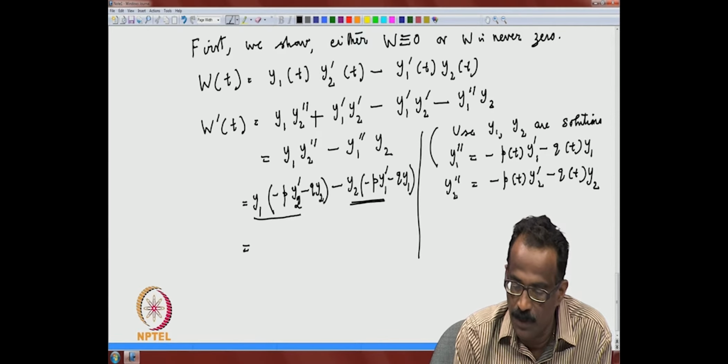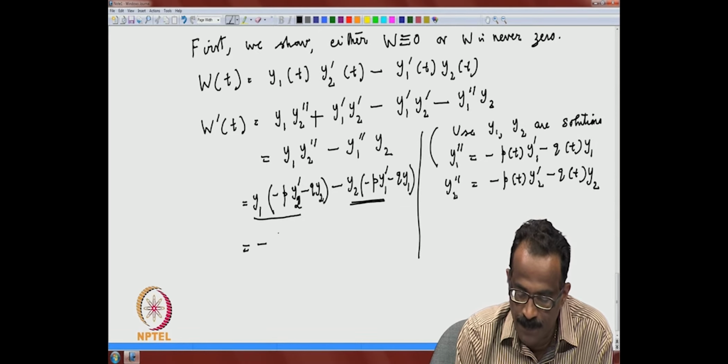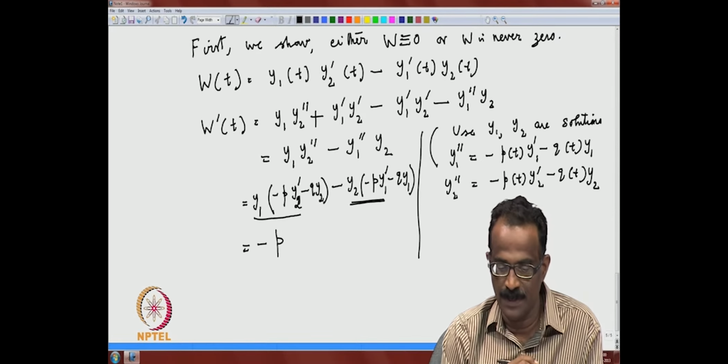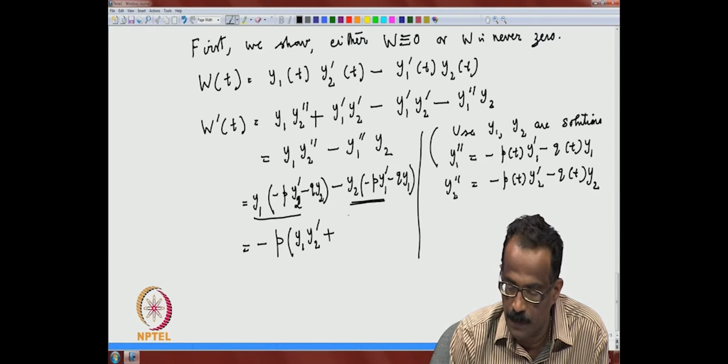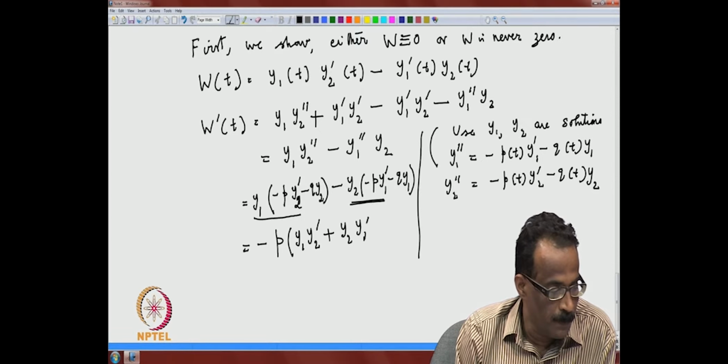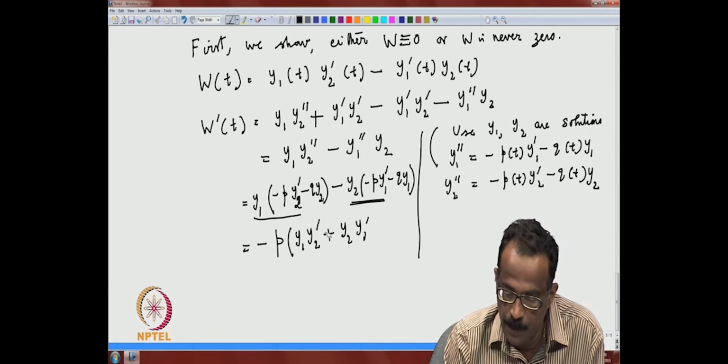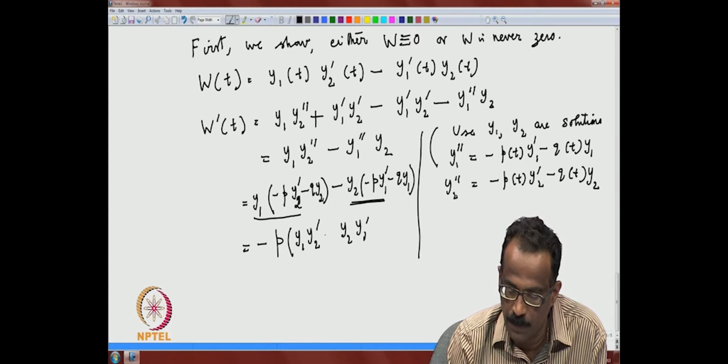So, here you have minus p outside here, and you have your y1 y2 prime, y1 y2 prime, this is plus y2 y1 prime, and that will be minus, you will have y1 y2 prime minus y1.